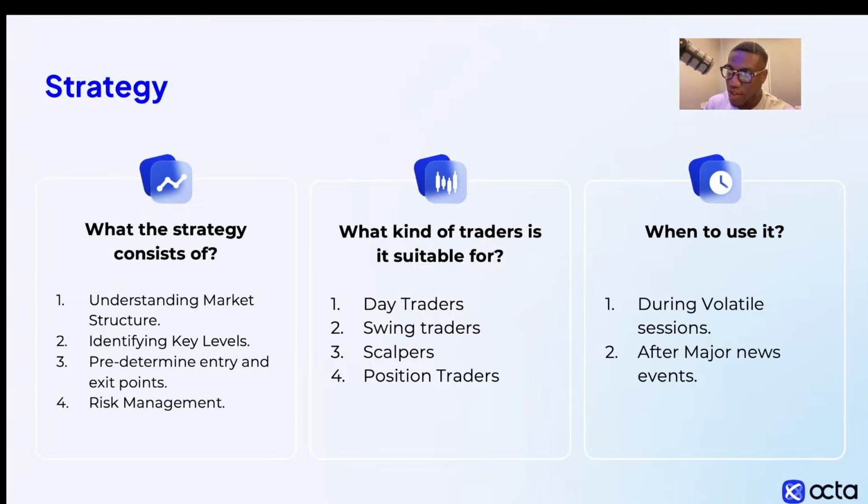If you can use a conservative lot size that can keep you in the market long enough to place more trades, then your chances of making a profit are increased. Guys, it's all about your ability to stay in these markets long enough to place more trades. It's not about coming to the market to make the entire profit you want to make in your trading career in one day.